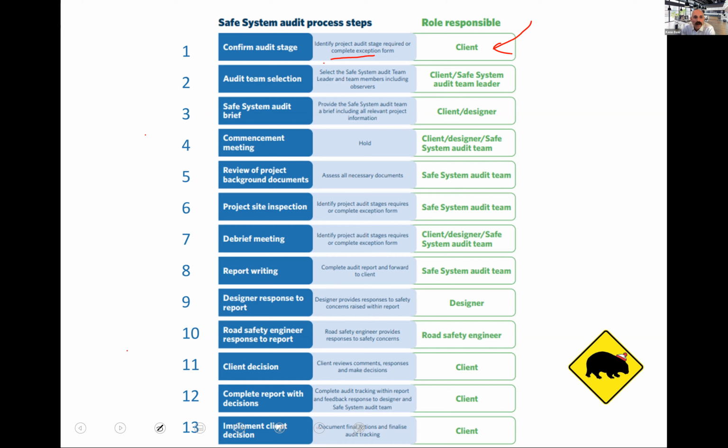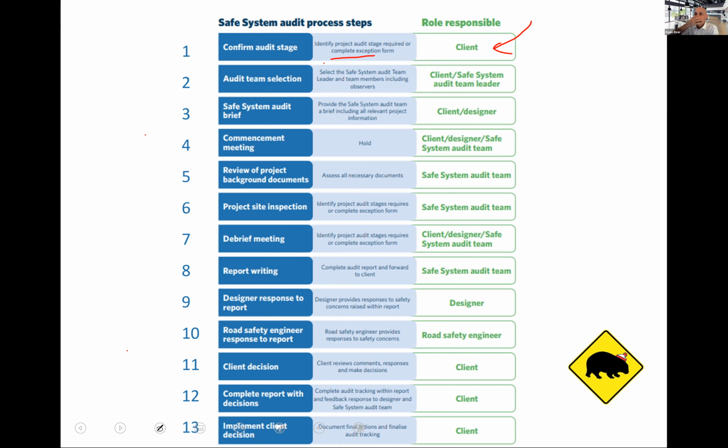And so they will then approach a safe system audit team leader or a consultancy that they know has the skills to do that, or some group that is independent from the design and the management of this project, and they'll say, we'd like you to do this audit, and then a team will be formed.